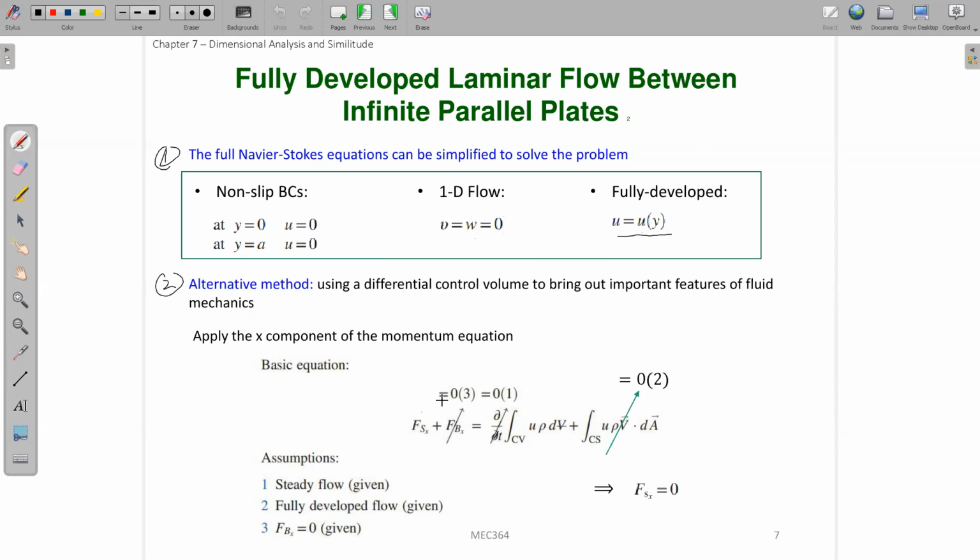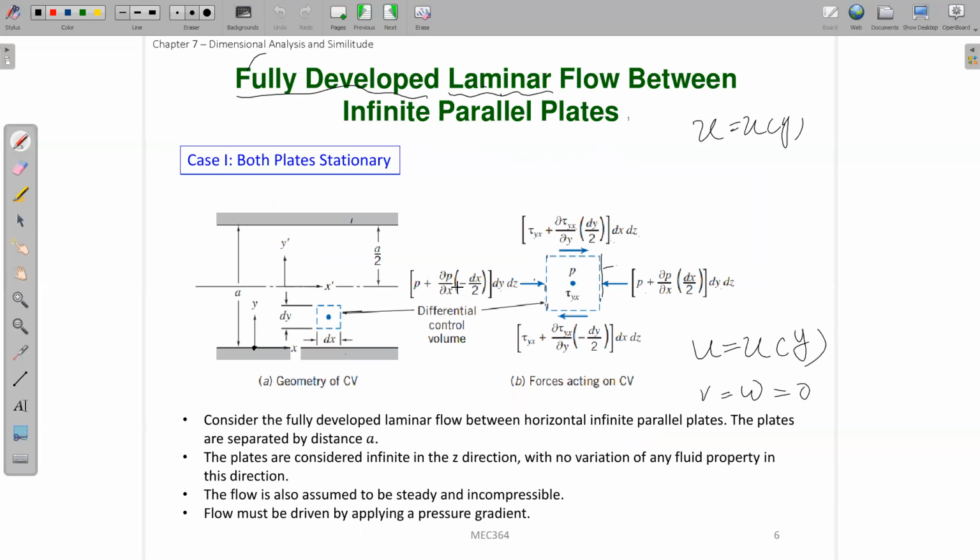So this is the x momentum equation. If you remove all these 0 terms, the only thing left is Fsx equal to 0. In other words, the resultant surface force in the x direction equals 0. Which means that if you add all these 4 terms, they should be 0.